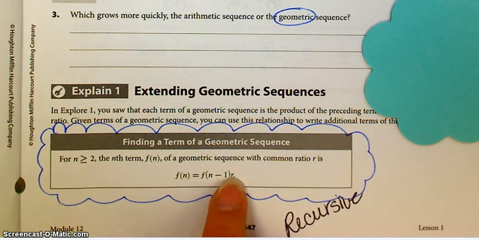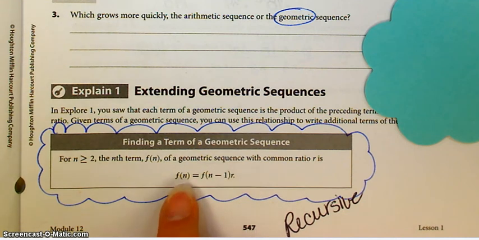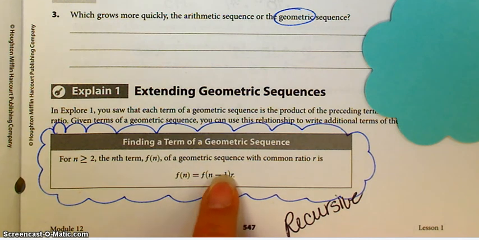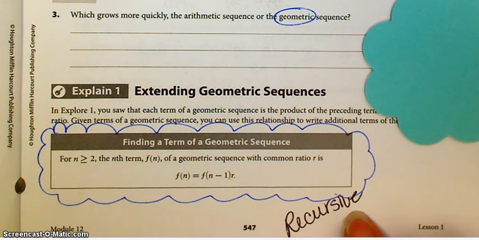So the previous term multiplied by r. So for instance, if you wanted the 10th term, then you would take the 9th term and multiply it by r. Okay? That is a recursive type of rule, meaning that you have to know a previous term in order to come up with the term that you do want. Okay? So that's a recursive type rule.